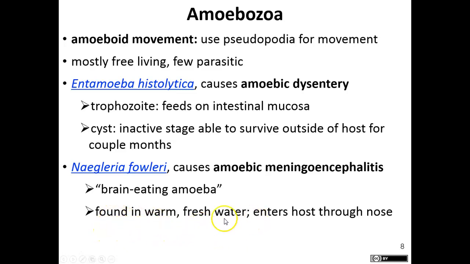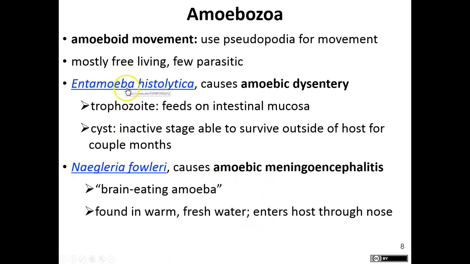The likelihood of this amoeba getting into your system is relatively low. There are not a lot of cases, but if you're going to go swimming in a warm freshwater lake, you definitely want to maybe wear nose plugs and make sure that there are no cases of amoebic meningoencephalitis, just to be safe.